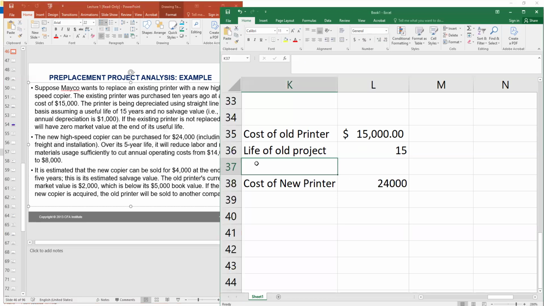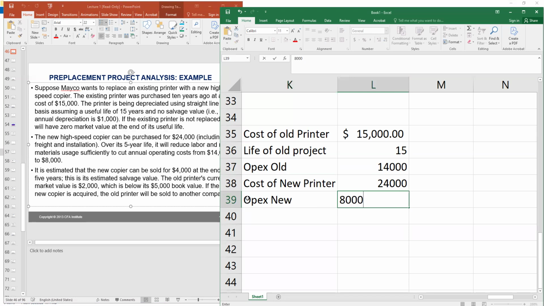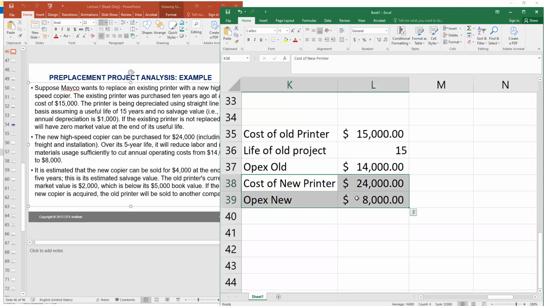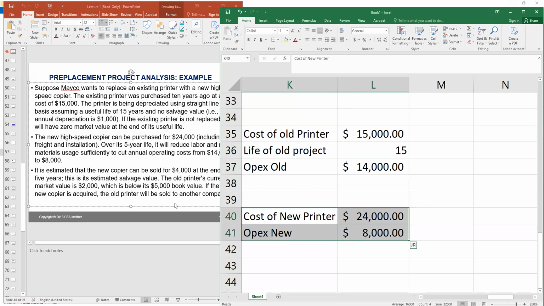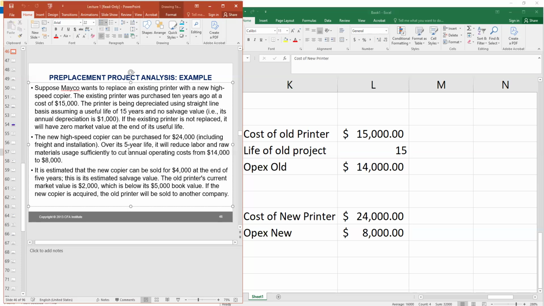So we know that OpEx old is 14,000, yeah, that's what we know. And OpEx new is 8,000, not bad. What else are we given?